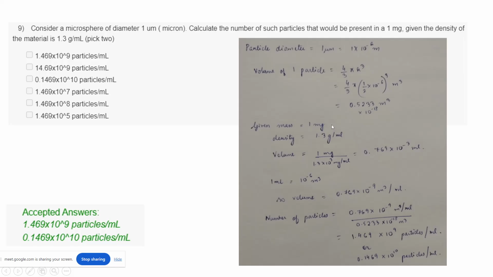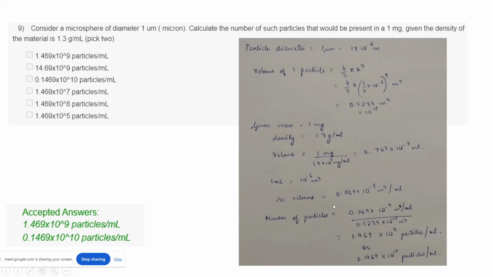The given mass here is 1 mg and the density is 1.3 gram per ml. If you calculate the volume, mass by density gives us 0.769 into 10 power minus 3 ml. Converting this into meter cube, it would be 0.769 into 10 power minus 9 meter cube.